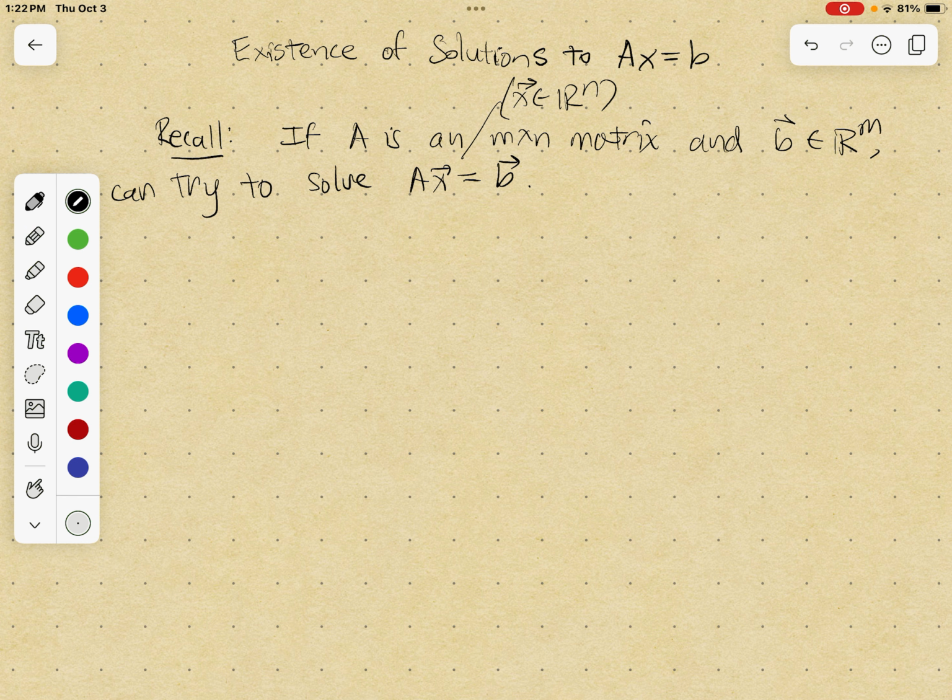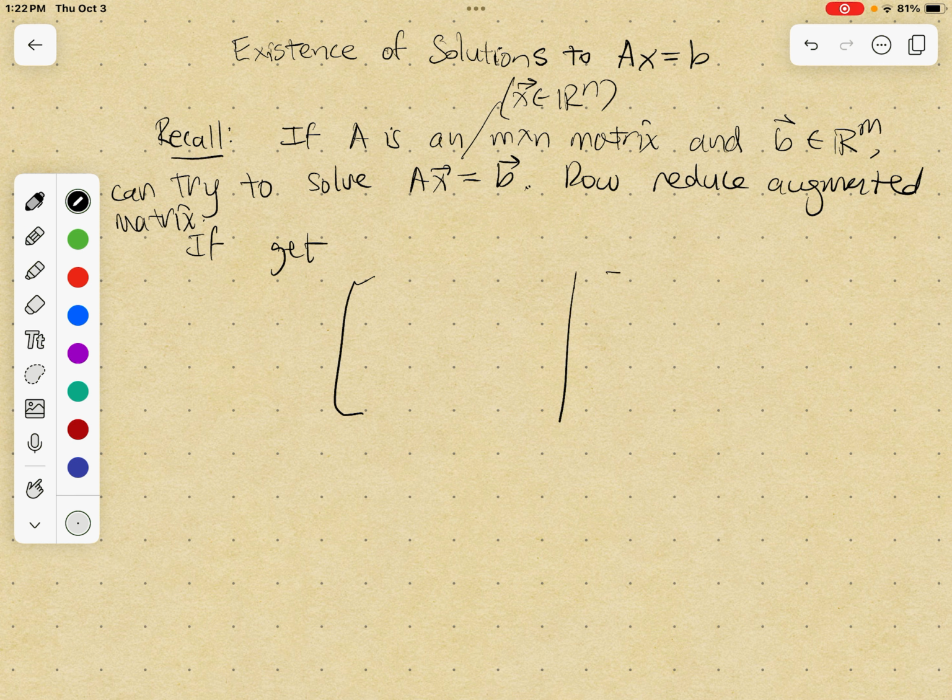And we know that if you row reduce this augmented matrix and you get a row of zeros and then a zero, that doesn't mean anything.